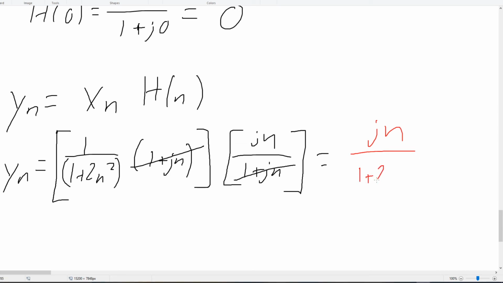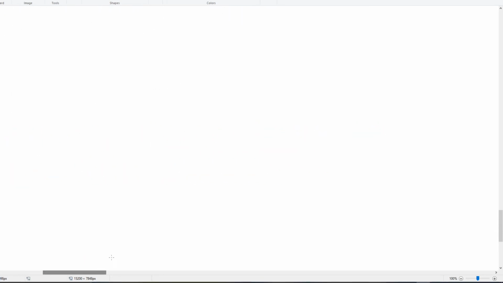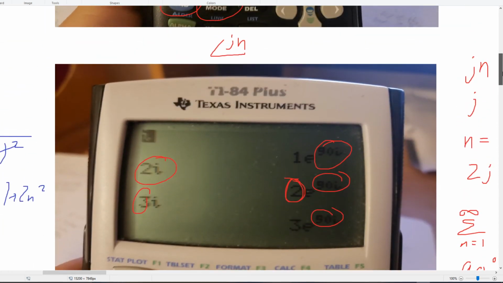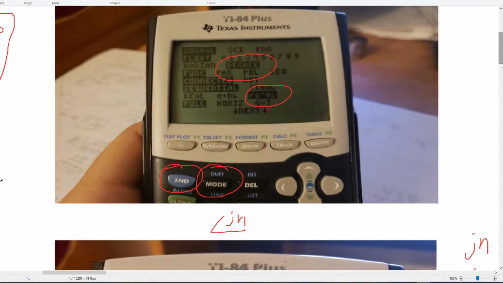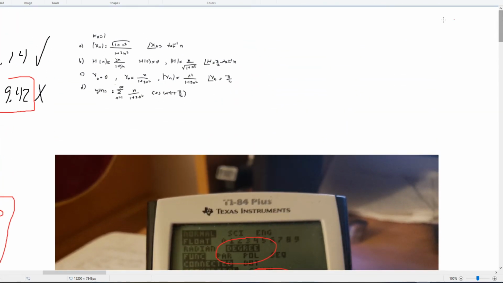1 plus 2n squared. And on the answer key, if Professor Osterk has any different answers, like right over here it says n over 1 plus 2n squared. I already checked it over with him. He said that he just wrote the wrong answer there, but that's okay.